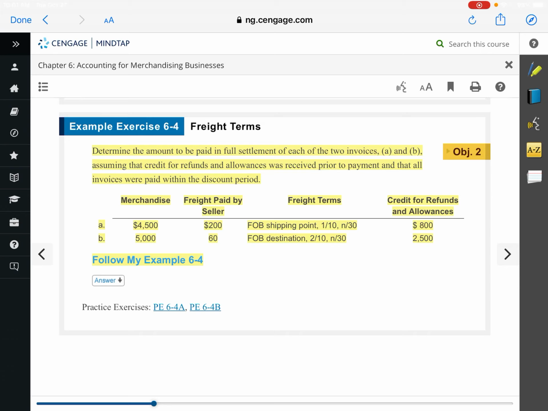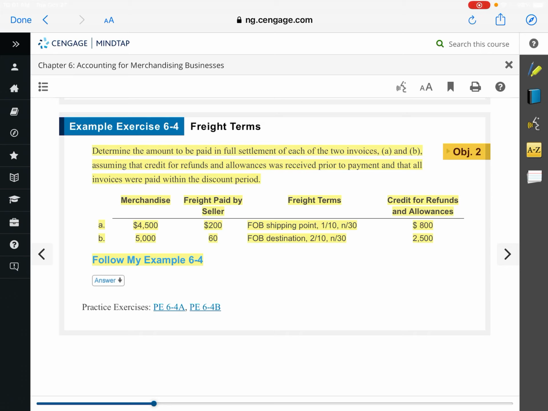Subtract 800 from the 4,500 first, and then just take 1% from that. Does that get the same answer? Yeah, I agree with you. I think they want you to do it in two different steps, though.